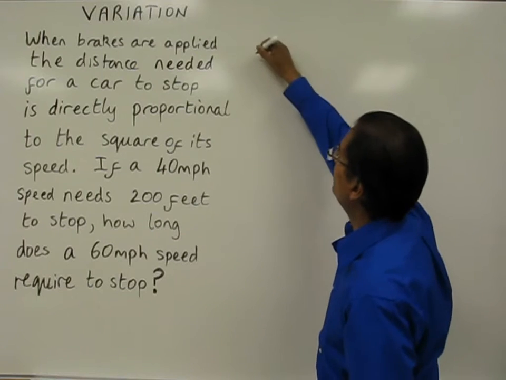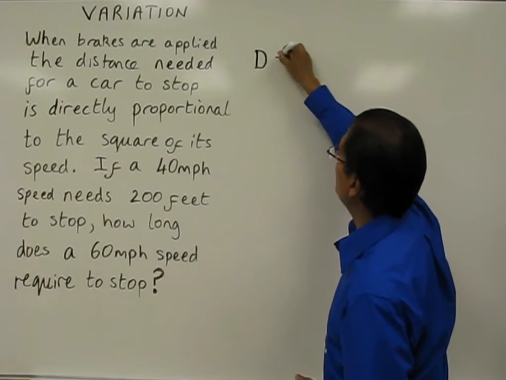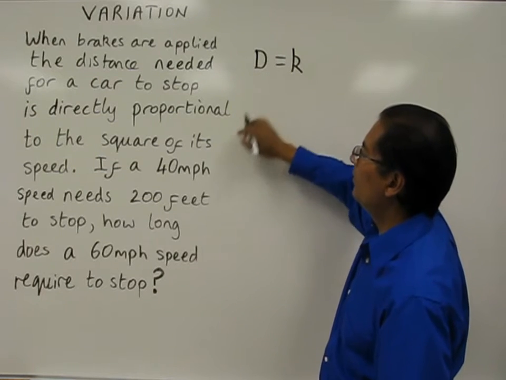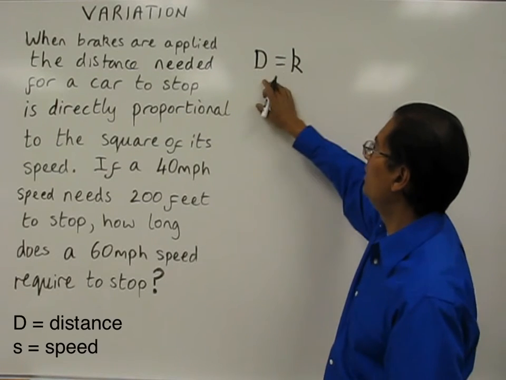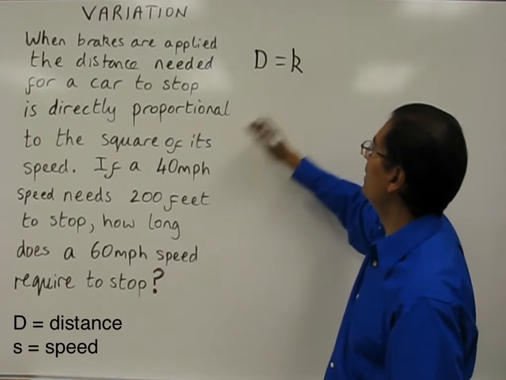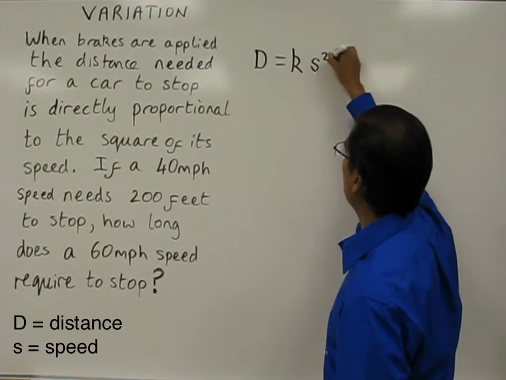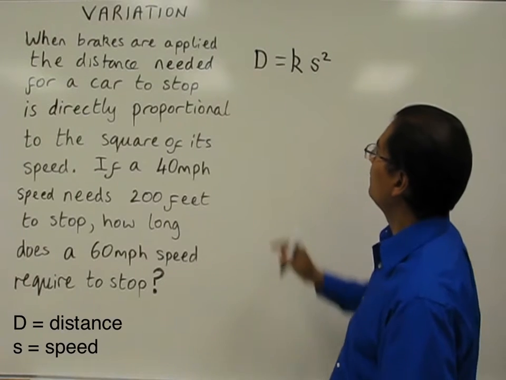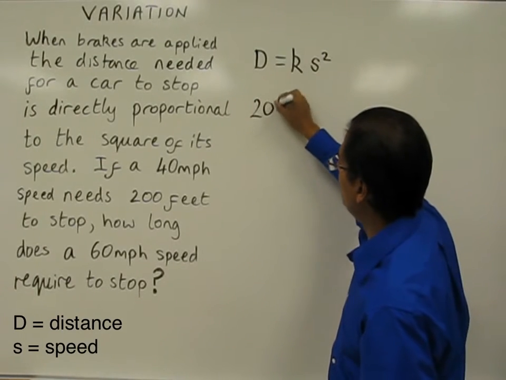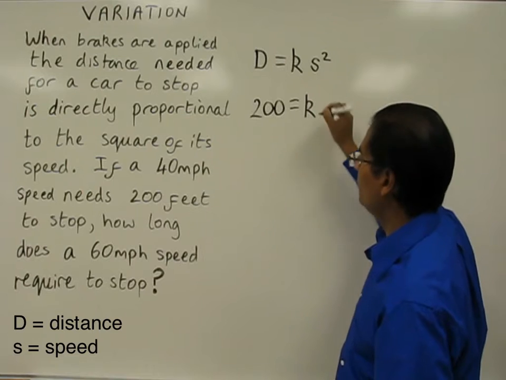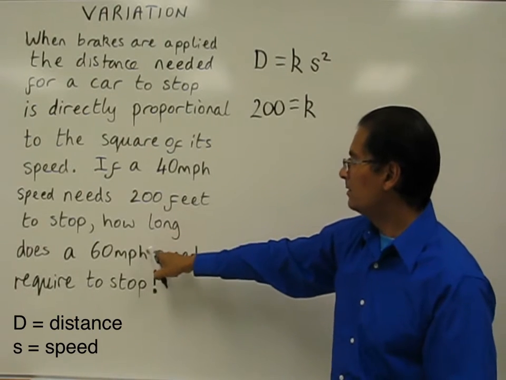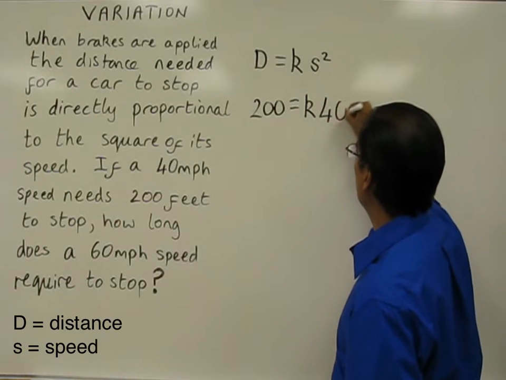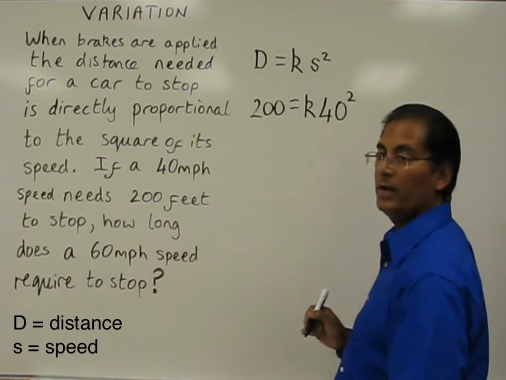So let's call distance d, and we'll call speed s. So d is directly proportional to the speed s squared, d equals k s squared. In addition, we're told that d is 200 feet when s is 40. So 200 is equal to k times 40 squared.